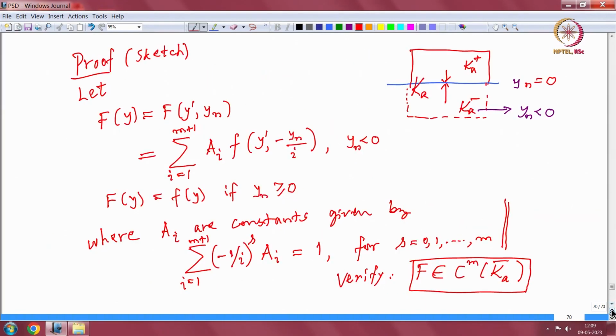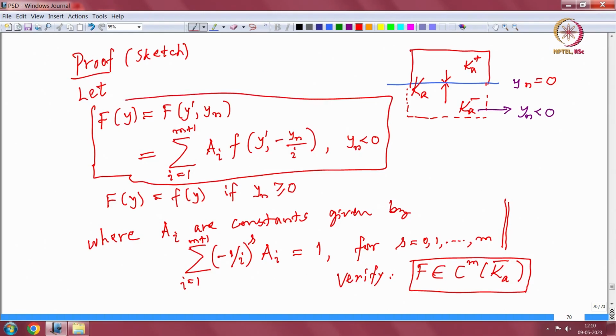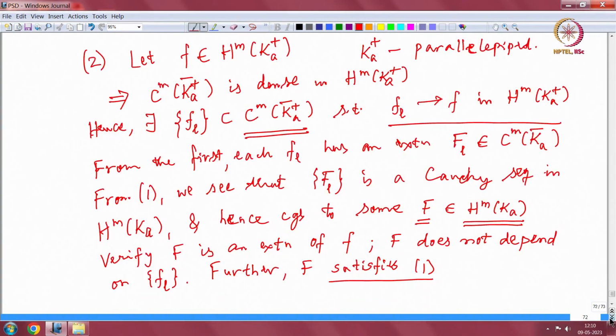Further, taking again the limit. Okay. So, if you just see this relation, okay, so taking limit, let me call it star, and make that comment that F has that expression. Satisfies 1 and has representation star.